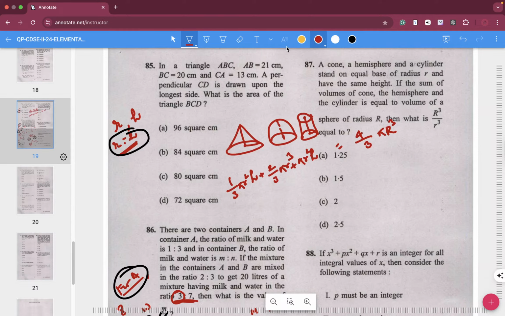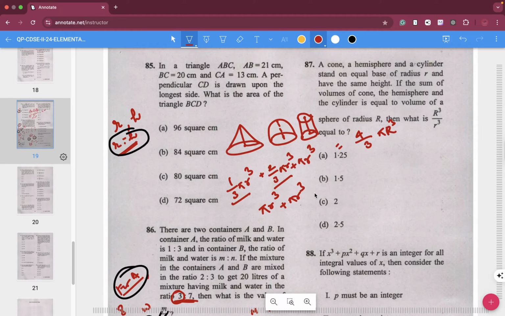Now instead of writing h, can we simply write r? If we write r, r square h will become r cube. So this is your 1 by 3 pi R cube, this is your 2 by 3 pi R cube, and the cylinder is pi R cube.